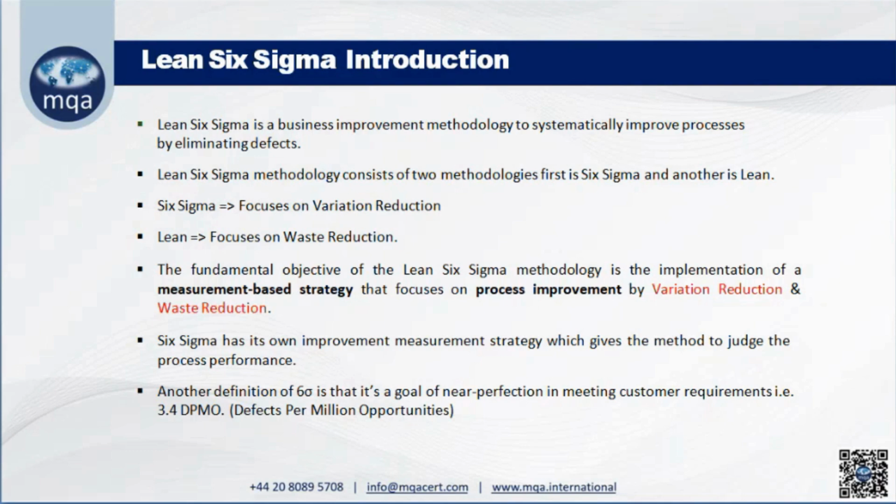And then Lean is on reducing the waste. We'll see what the different wastes are, like waiting for something to happen, or overproduction, or defects. So here in Lean Six Sigma, we are clubbing these two methods together. Lean is reducing waste, and Six Sigma is focusing on variation reduction.